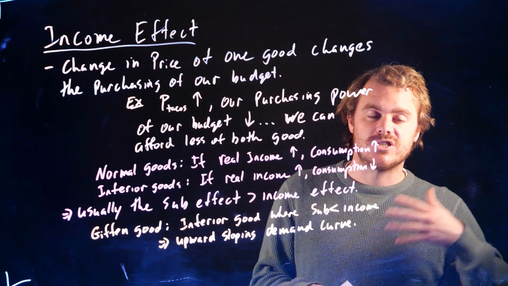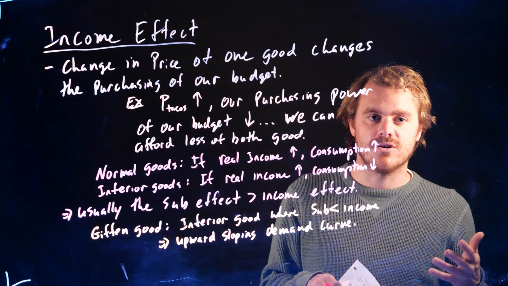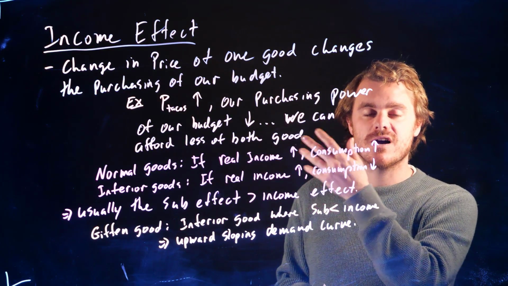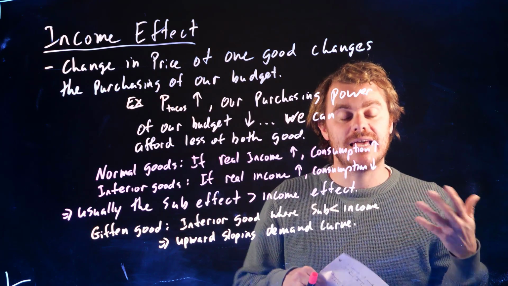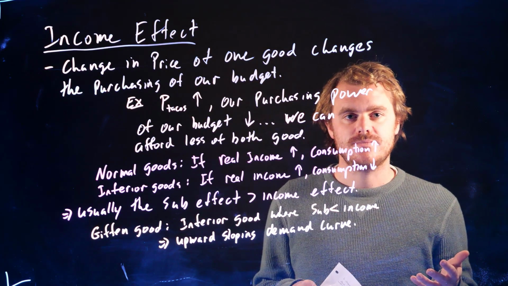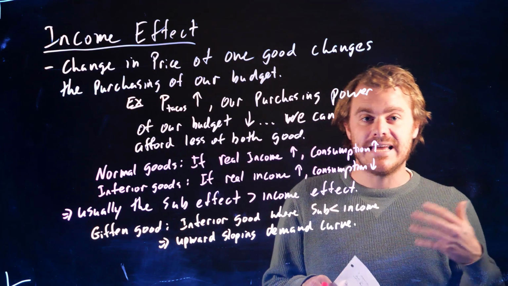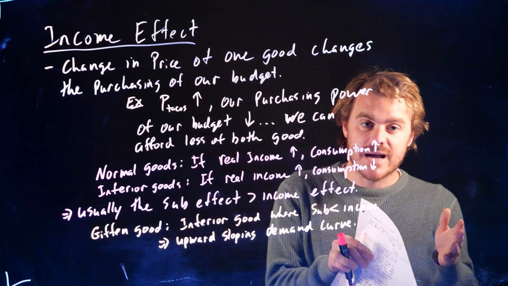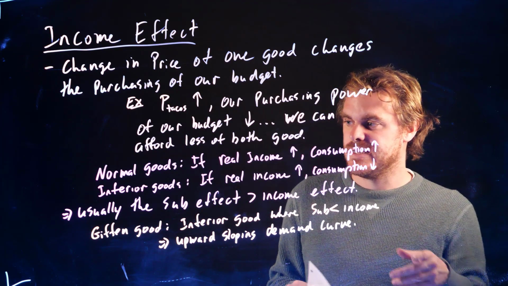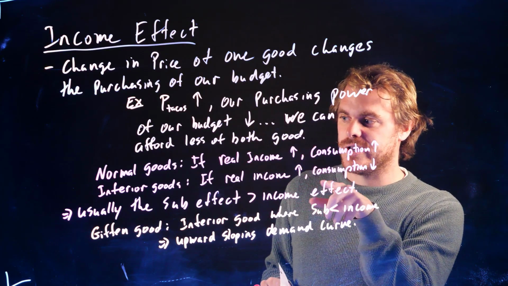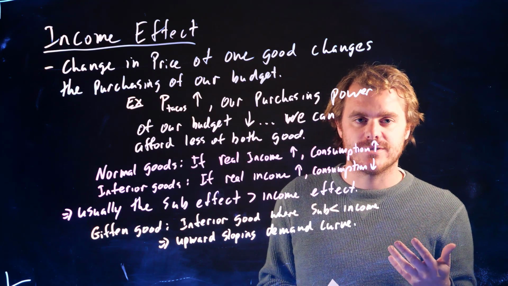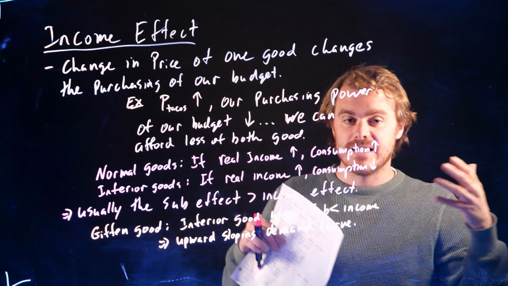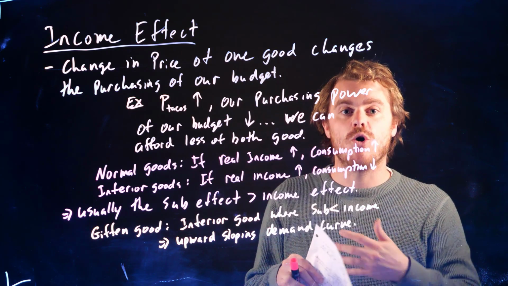The other part of this change in the total consumption of tacos is going to be due to the income effect. And here, if the price of tacos is going up, that's like our real income is going down. And whether that increases or decreases our consumption of tacos, whether the income effect is positive or negative, depends on whether tacos are normal or inferior goods. But these two effects together, income and substitution effect, combine to determine the overall effect.